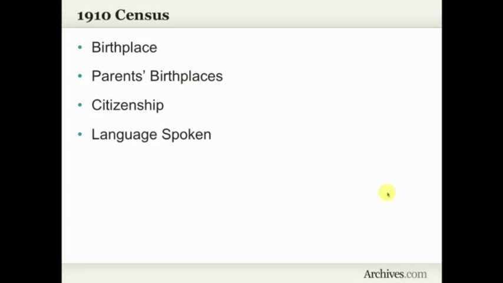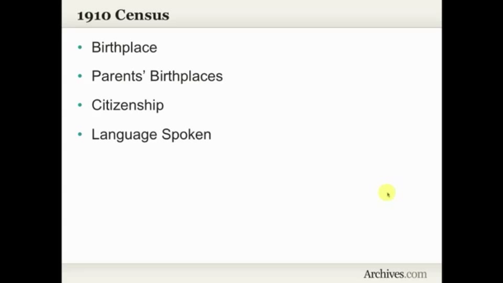Moving on to the next section of 1910, again, we see birthplace, parents' birthplaces, citizenship, and now a question about language being spoken. The neat thing about the US Census is not only does it tell us about the people living in the United States at the time, but just looking at the questions tells us what was important.